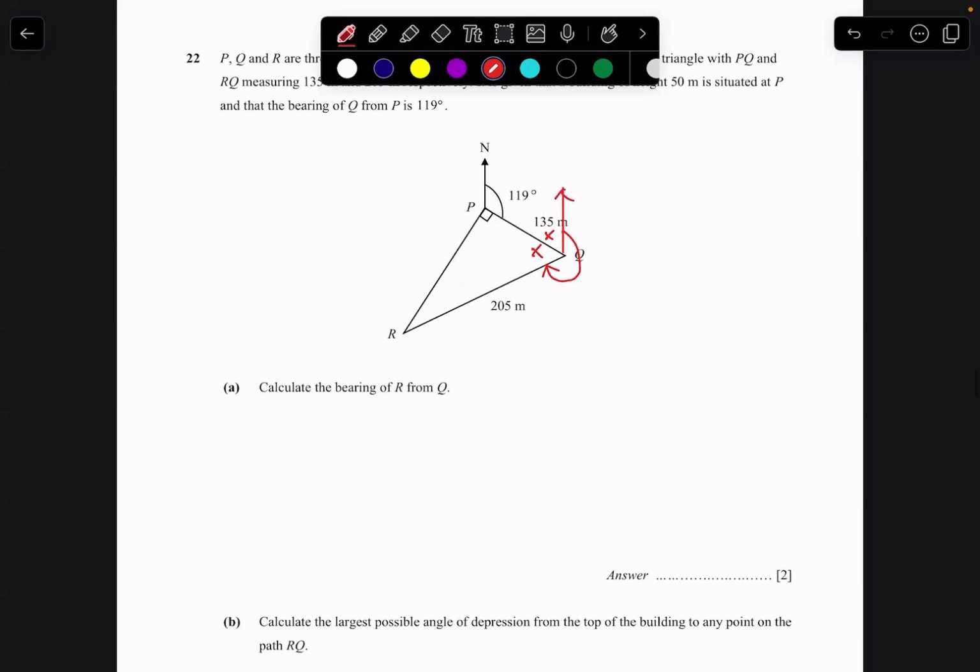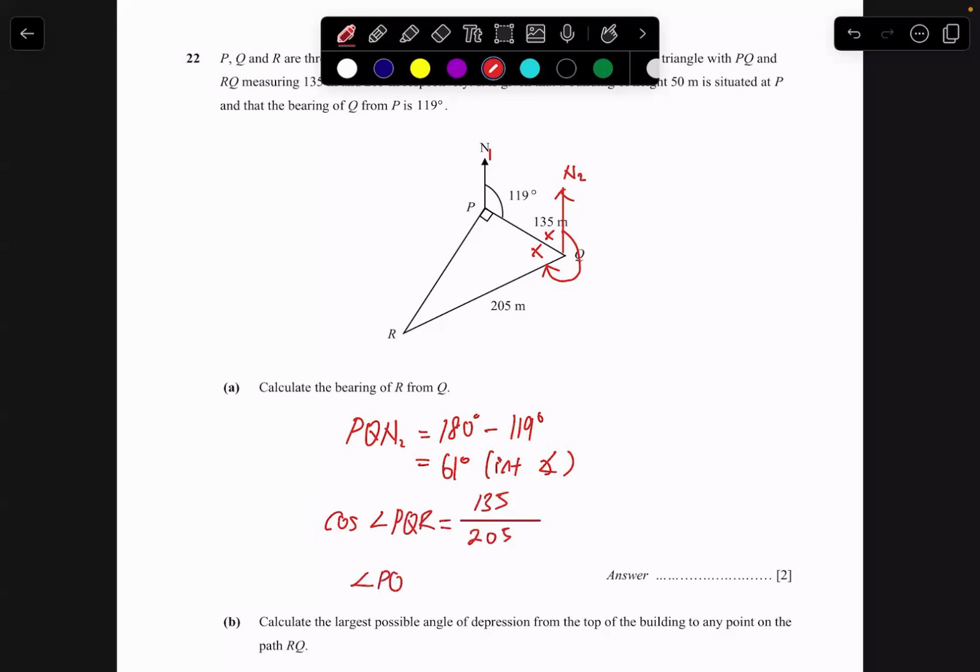Firstly, interior angles. Let's call this north 1, north 2. The angle PQ north 2 is equal to 180 minus 119, which is equal to 61, interior angles. Then the other one, angle PQR: cosine of angle PQR equals 135 over 205.